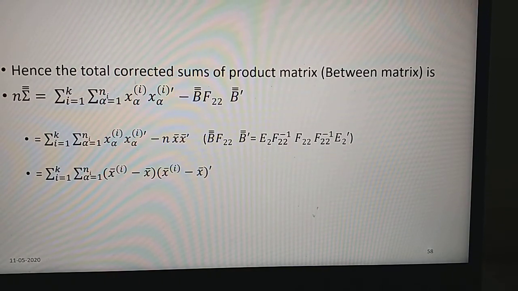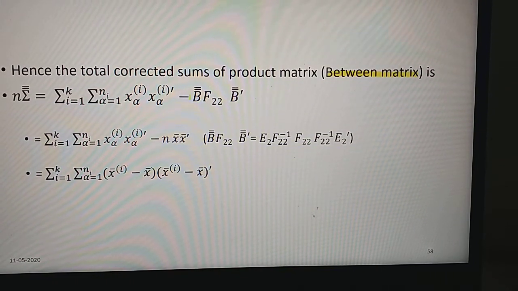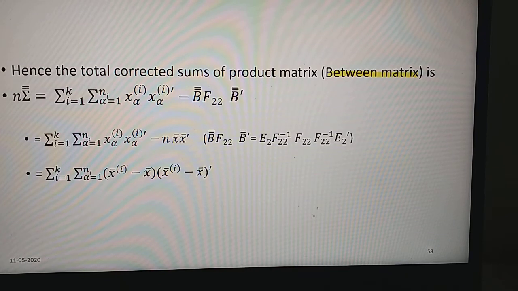Hence the total corrected sums of product matrix is n sigma double cap. This is the formula for n sigma cap, and under the null hypothesis, instead of B cap we have to write B double cap: B double cap F22 B double cap prime.